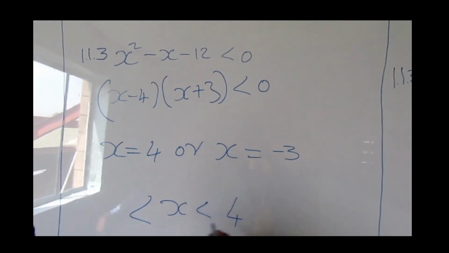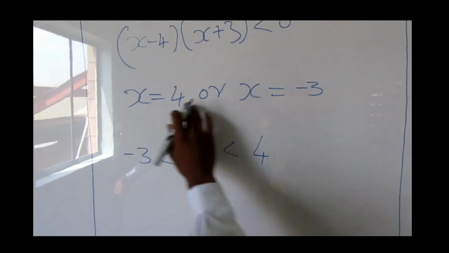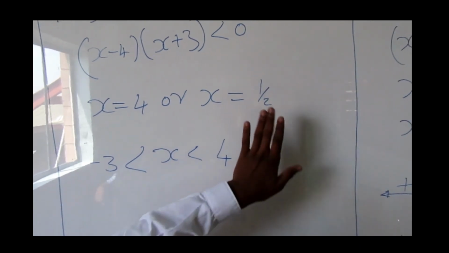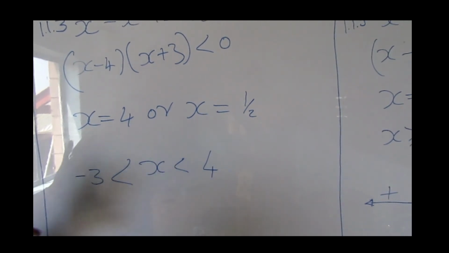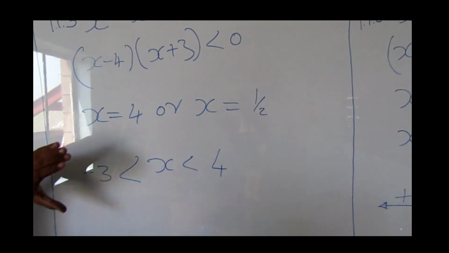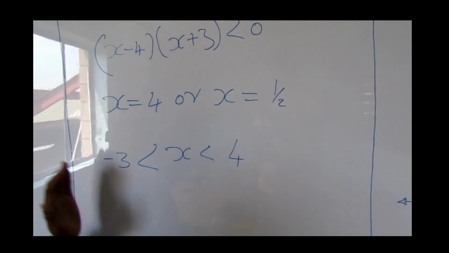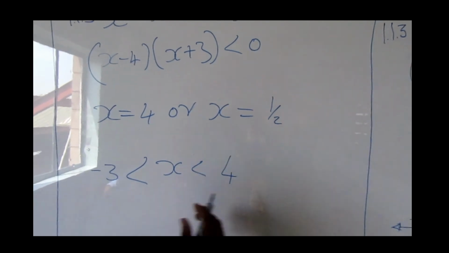Here it's going to be 4, here it's going to be negative 3. Then again, if this was 4 and this was half, we are going to take this half to this side, because as I've already said, here we always put a smaller value. Here we always put a bigger value.